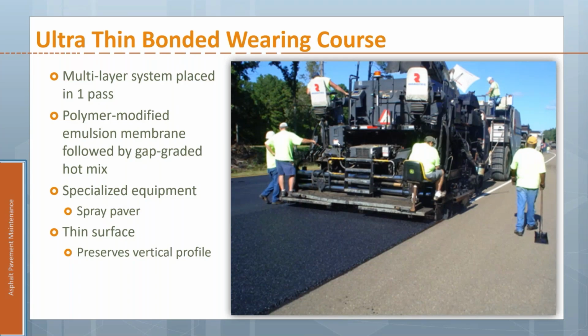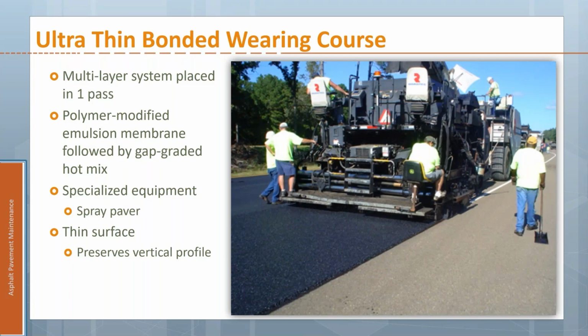Now the asphalt mixture is still a thin layer, but it is a gap graded mix, which means we've got some larger rocks, we've got the small rocks, but we don't have much in the way of the middle sized rocks. So it gives you texture. It leaves some spaces open within the mix, and that can help with noise and definitely splash and spray.